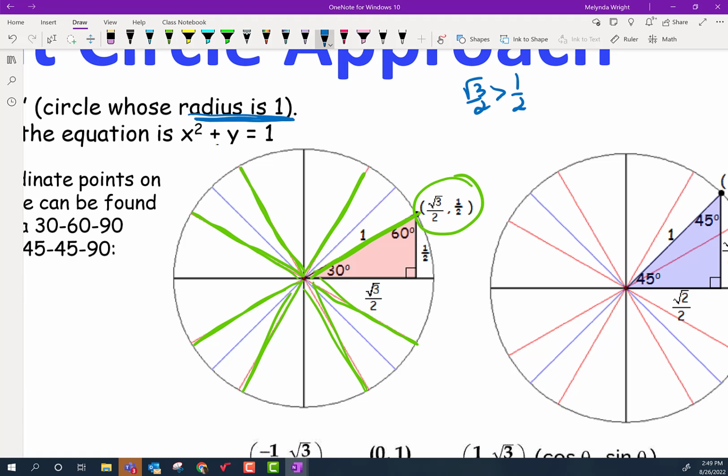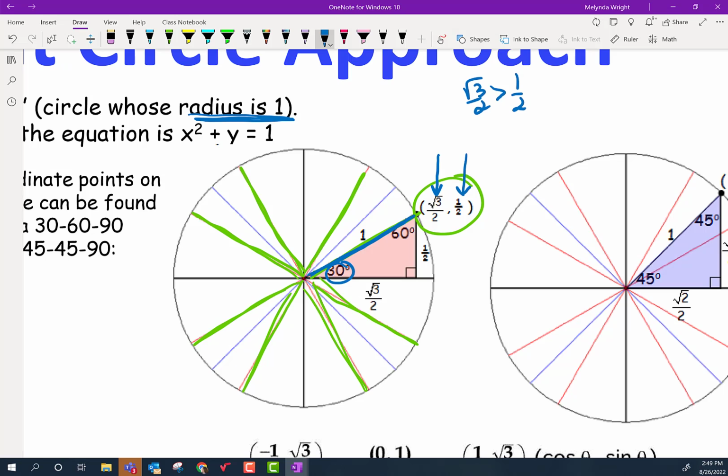Because, for example, here on this 30-degree angle, this is longer along the x-axis. See how it covers more of the x-axis than the y-axis? Since the x-axis is longer, the x-coordinate is the larger number. The x-coordinate is root 3 over 2. Since the y-axis is shorter, the y-coordinate is the smaller number.